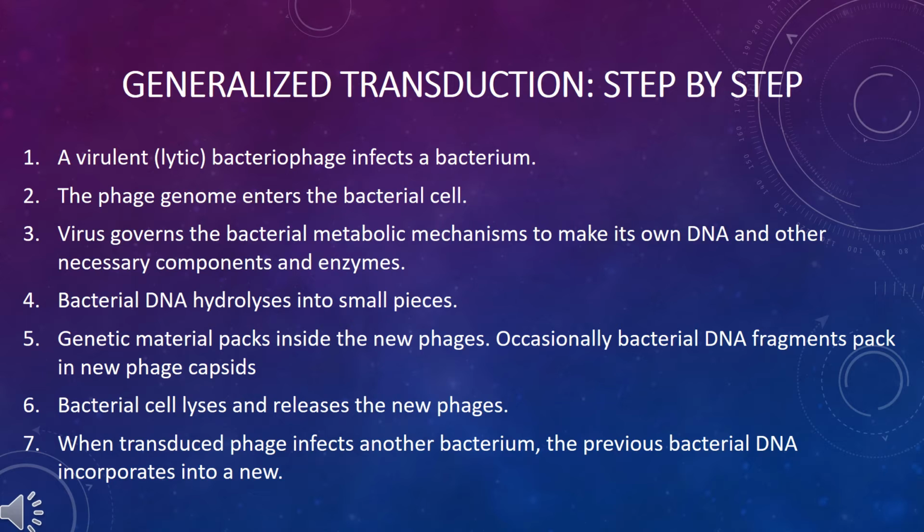Then genetic material packs inside the new phages. Occasionally, bacterial DNA fragments are packed in new phage capsids. Then the bacterial cell lyses and releases the new phages. And lastly, when the transduced phage infects another bacterium, the previous bacterial DNA incorporates into the new one.